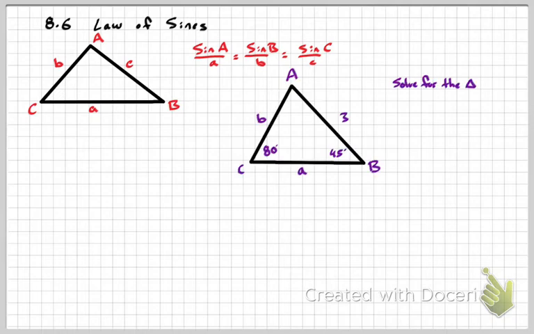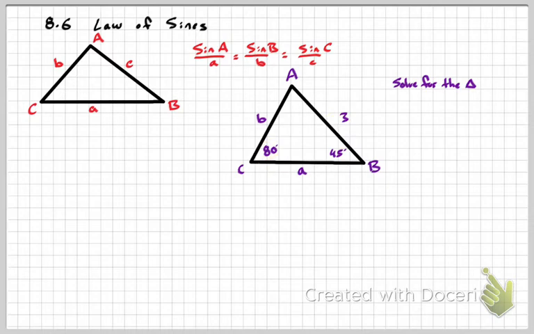If I'm looking at this triangle right here, can you find the complete opposite ratio, meaning you know the angle and you know the side that's opposite that angle? Hopefully your eyes fell on the 80-degree angle and the side length 3.